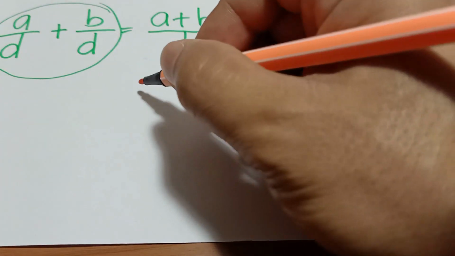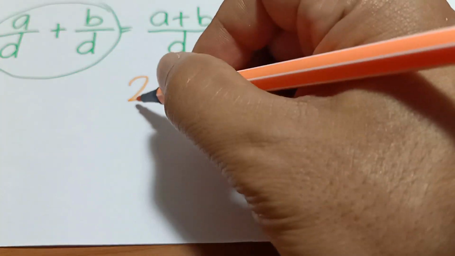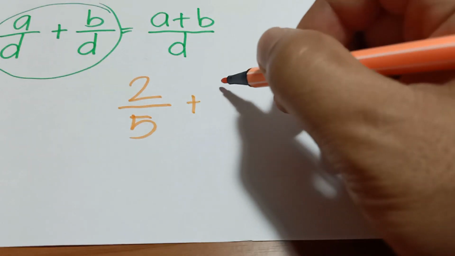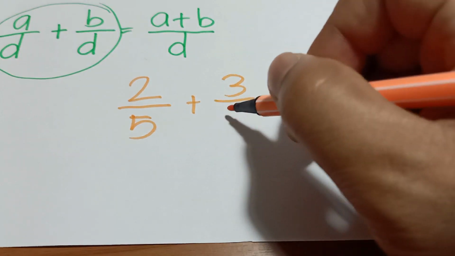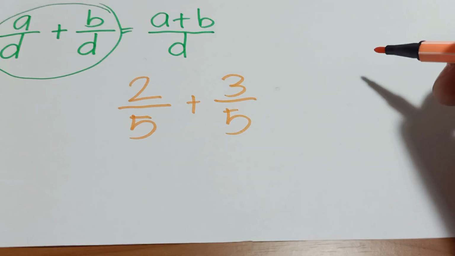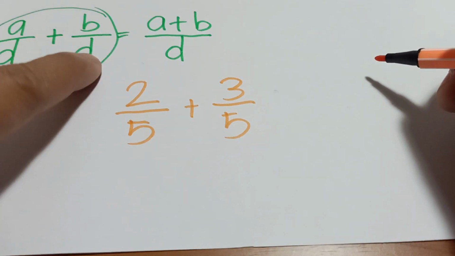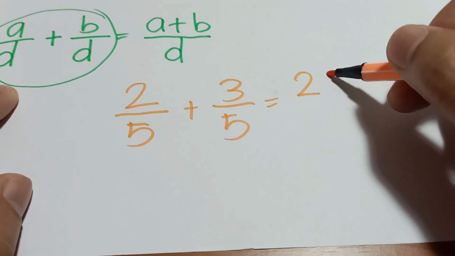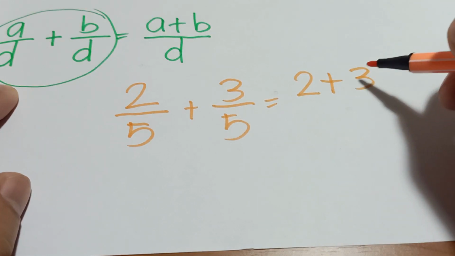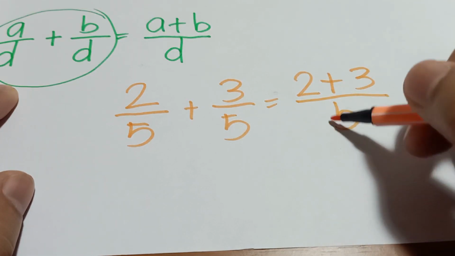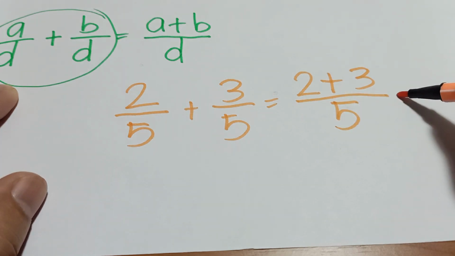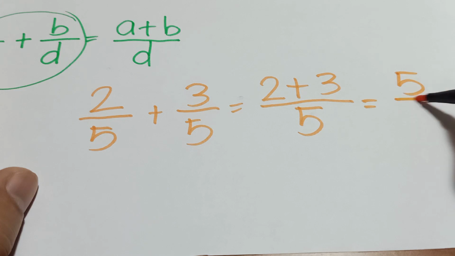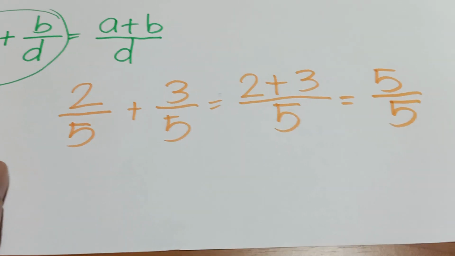For example, if you have 2/5 plus 3/5, if you follow this statement, all you have to do is 2 plus 3 over 5, and then you can simplify. 2 plus 3 is 5/5.